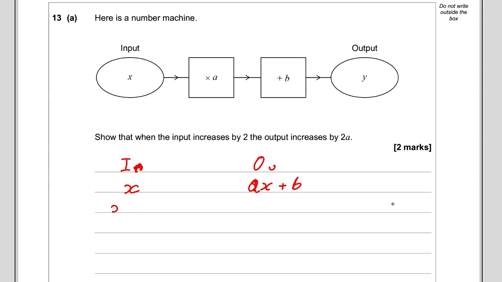Now, if I put x plus 2 in as my input, my output is going to be a times x plus 2 plus b, and that's going to be equal to 2a plus ax plus b.